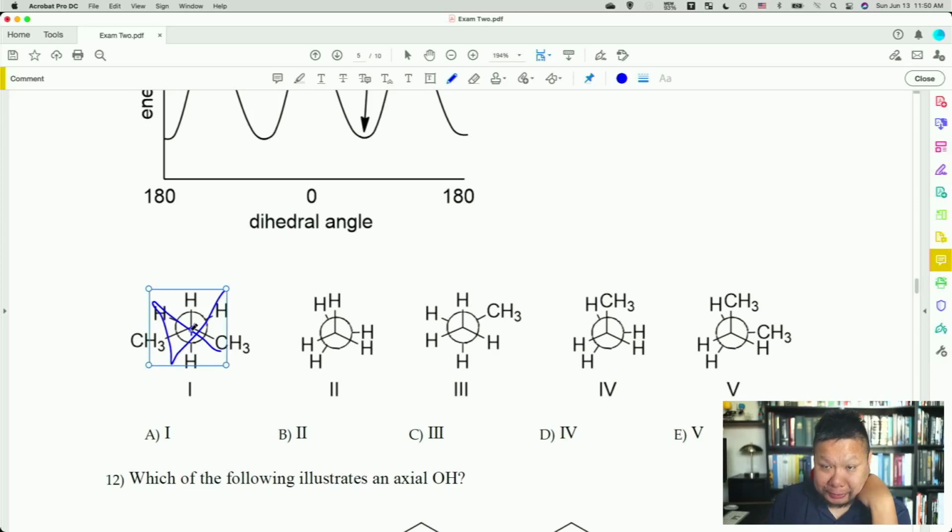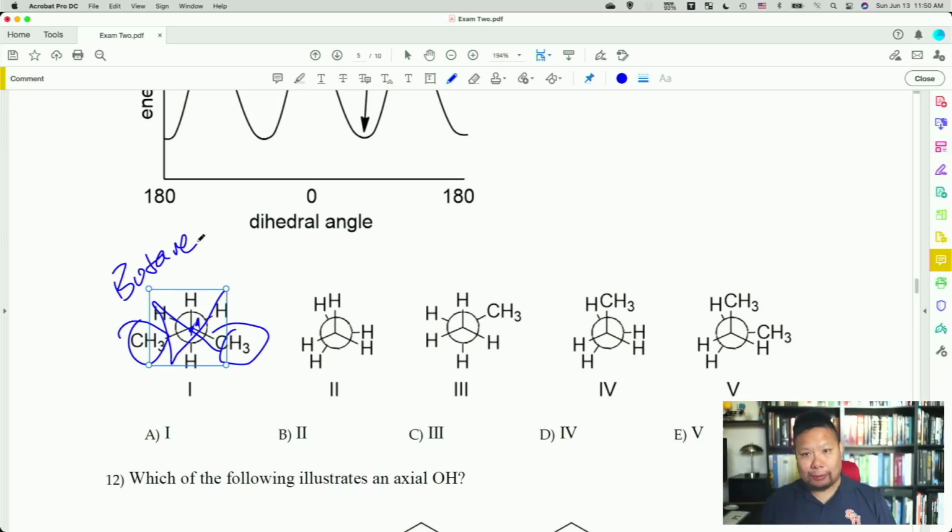It's a Newman projection, so it has another carbon behind it, because you're looking down that bond, and it has two carbons on the side. That makes it a butane. Not specifically butane, but it's got 4 carbons, so that's a type of butane. So it can't be that one.